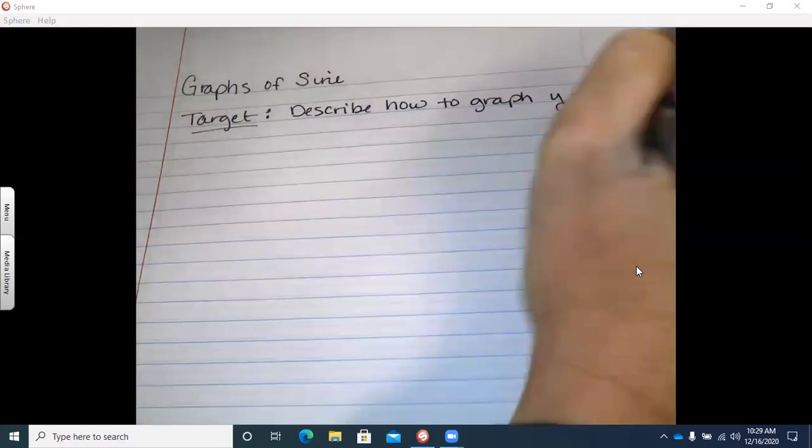Okay. All right. And the target. This graph, y equals sine of x and its variations.